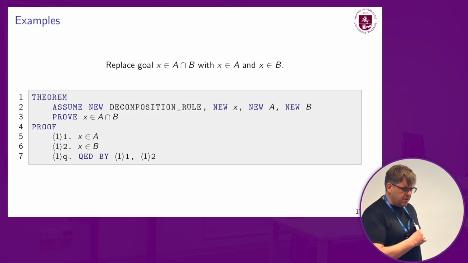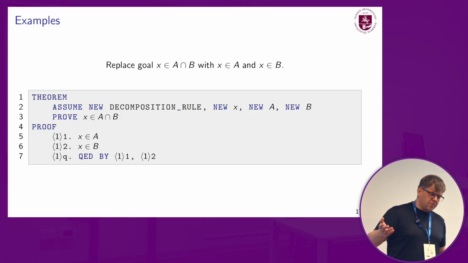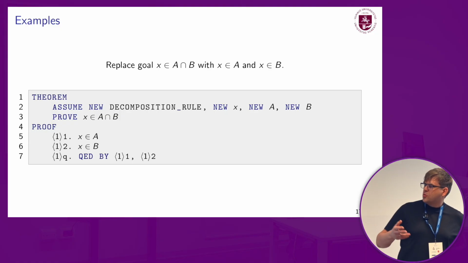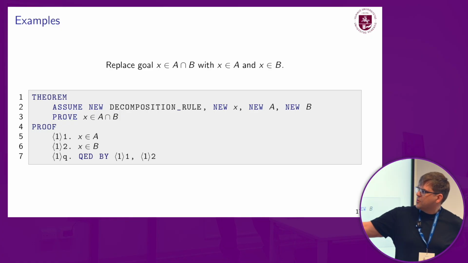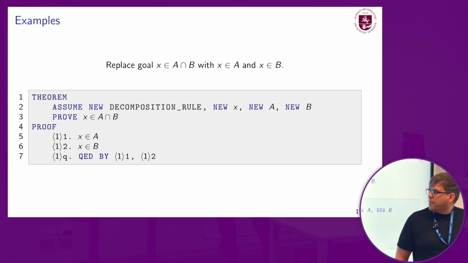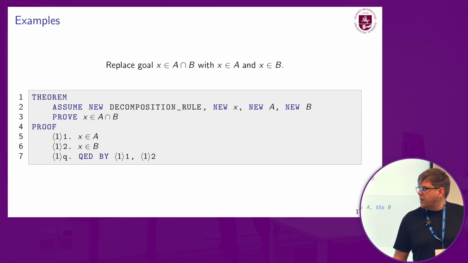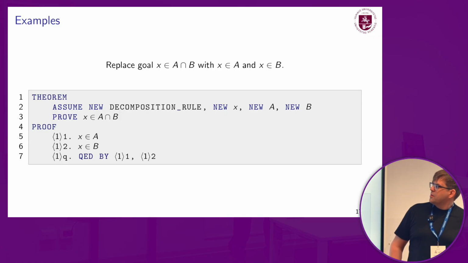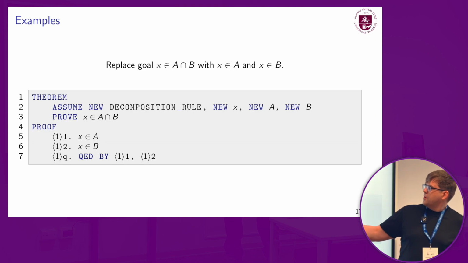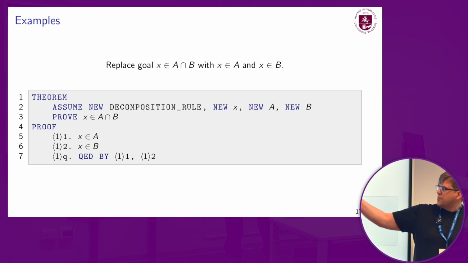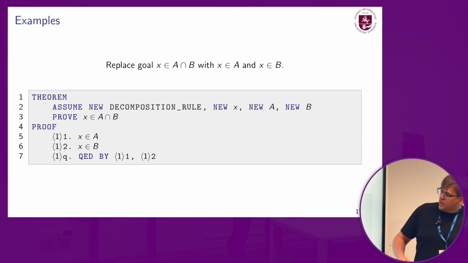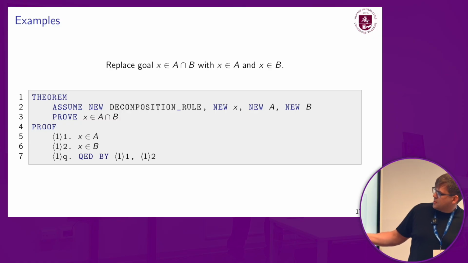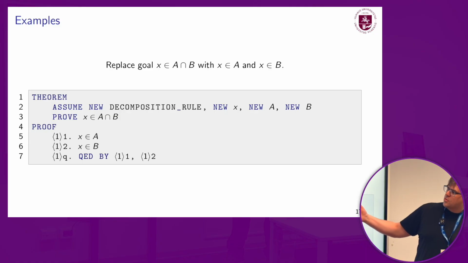In one of the emails, Stefan proposed examples which could be decomposed by such a hypothetical tool. So one of those examples was that if the goal is that X is in A intersection with B, we can reduce that goal to two goals: X in A and X in B. The rule for that case looks like this.